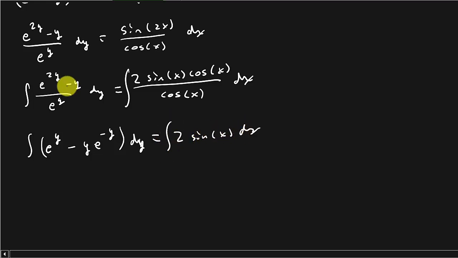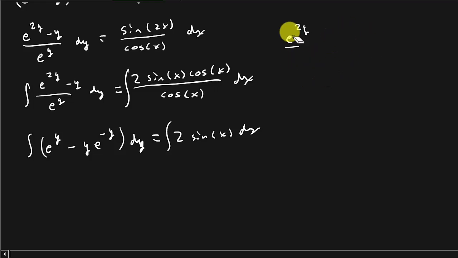Okay, so all I did is I split that up, e to the 2y over e to the y minus y over e to the y. So subtract exponents, that's e to the y, and then I just moved that up. Okay, that's all I did there, and that's where I got that from.